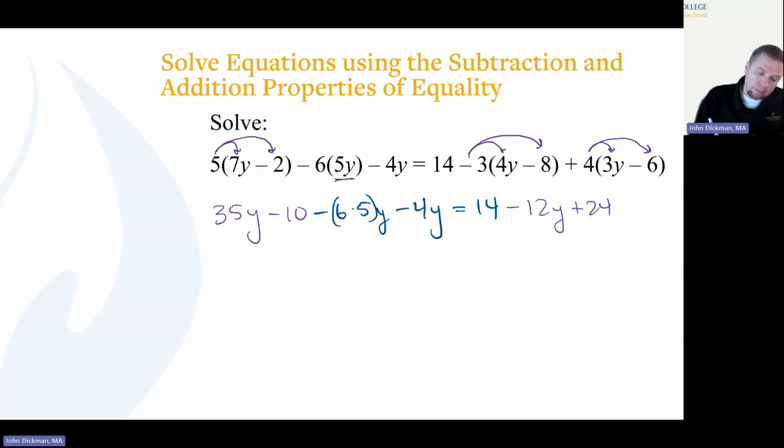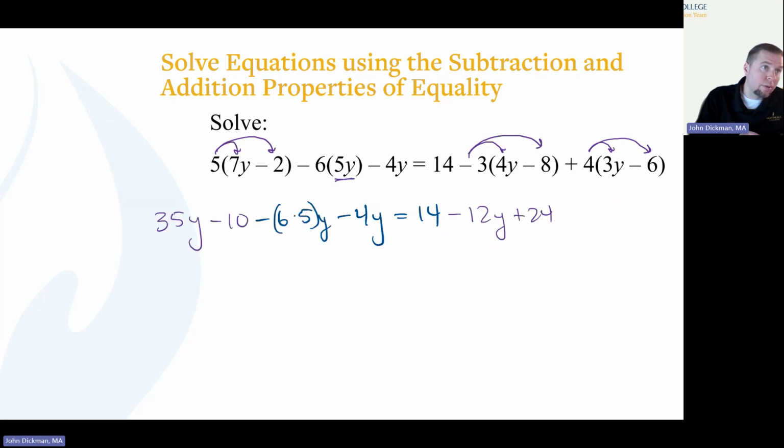And then look at me running out of room. I think if I do this, I can move everything over. Okay. And then we are going to add 12y and subtract 24.